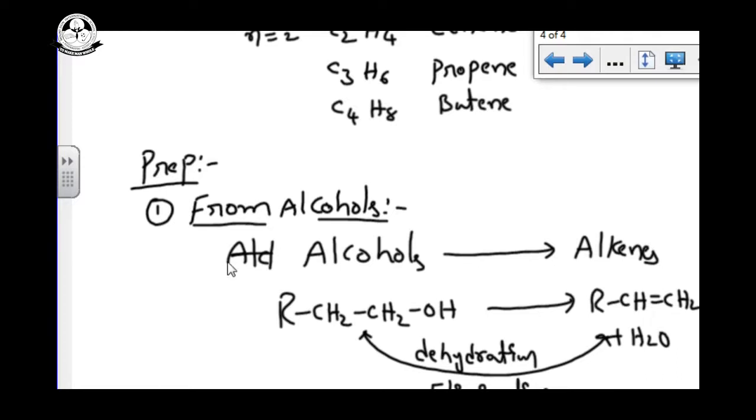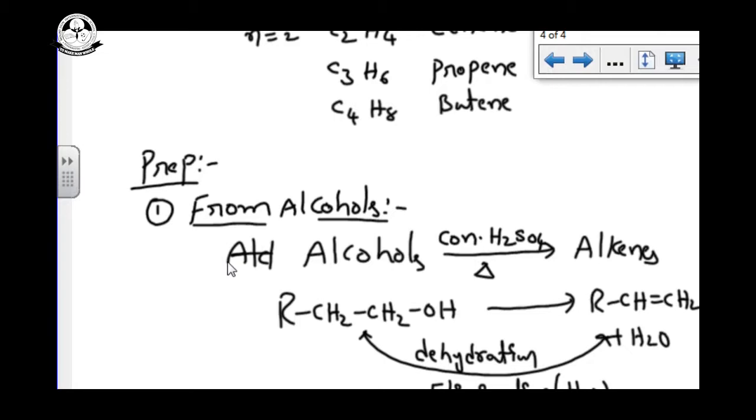What are we eliminating here? One water molecule, that's why this is called dehydration, an elimination reaction. For the elimination, what do we require? A dehydrating agent, which is concentrated sulfuric acid, and we apply some heat. Alcohols are converted into alkenes by the removal of water, and we get the alkenes.